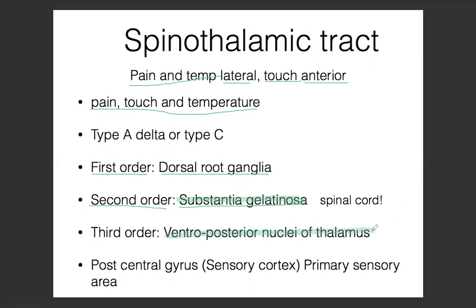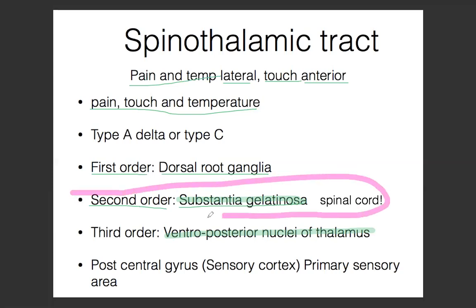So the same as the other one, thalamus, but the thing that's different here is the second order neuron. So the second order neuron in the case of the spinothalamic tract is in the substantia gelatinosa of the spinal cord, unlike the dorsal column tract, where was it? It was in the nucleus cuneatus and gracilis of the medulla. Okay? Up to this point clear?